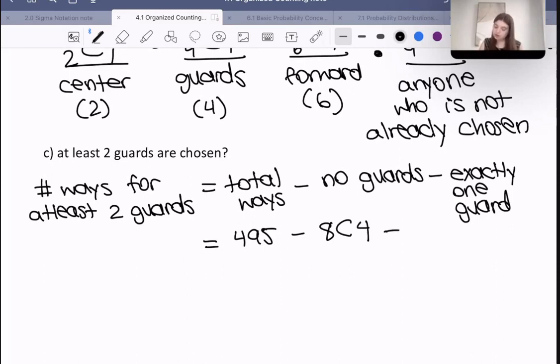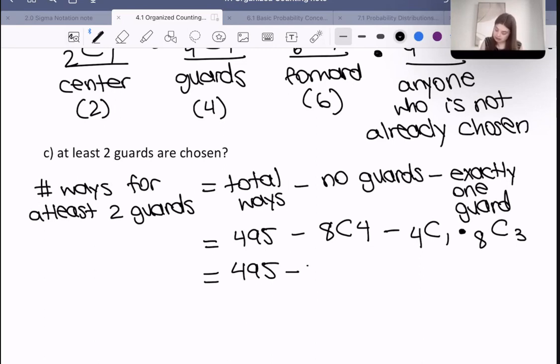Then we also must subtract off the scenario where there's exactly 1 guard. So that would be 4 guards, choose one of them. And then everybody else would have to not be a guard. So we'd have to choose from the pool of 8 people who are not guards, who are either forwards or centers, and choose 3 of them to fill the remaining spots on this team. Right? Okay, very good.